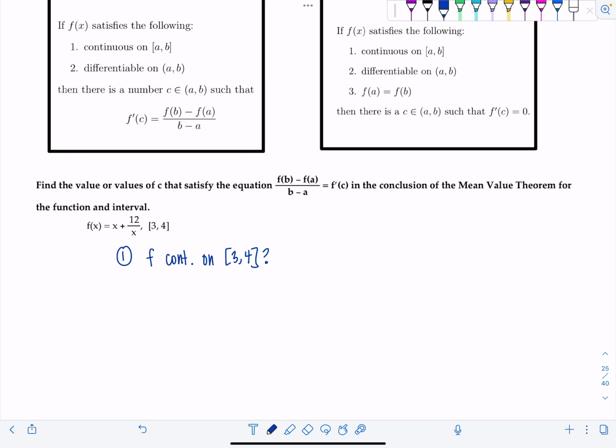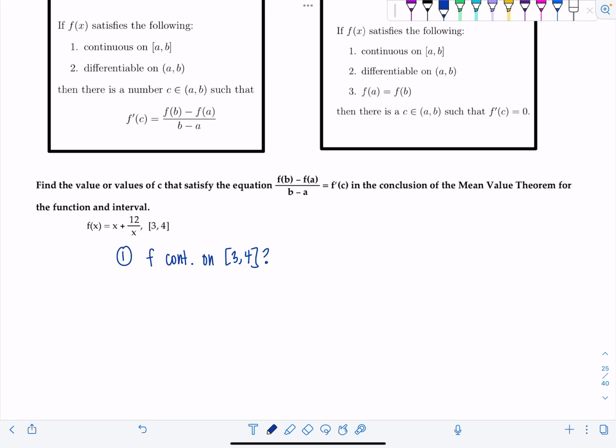Instead, you use the theorem that I listed after. This is all in the part 1 review video that says that polynomials, rational functions, trig, exponential, etc., are all continuous on their domain. So as long as we can identify what kind of function we have and what its domain is, I know it's going to be continuous there. So that's how we're going to show that it's continuous on 3 to 4.